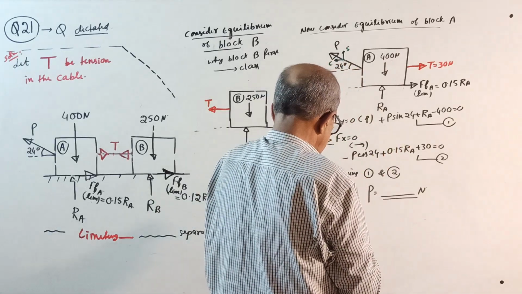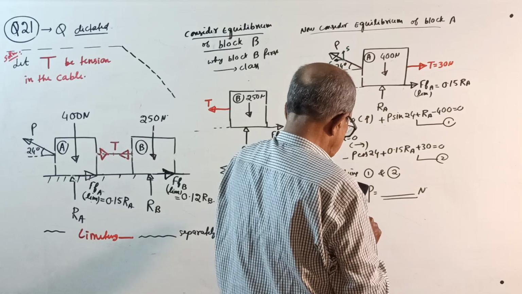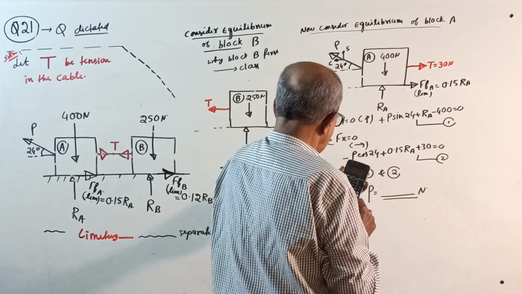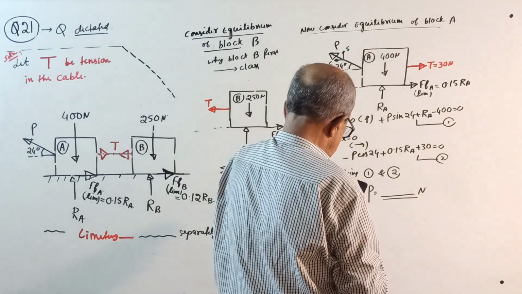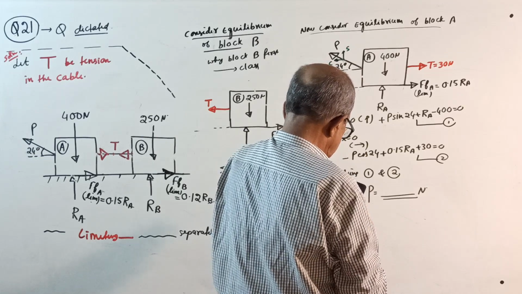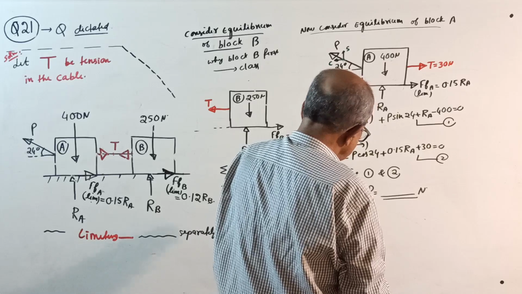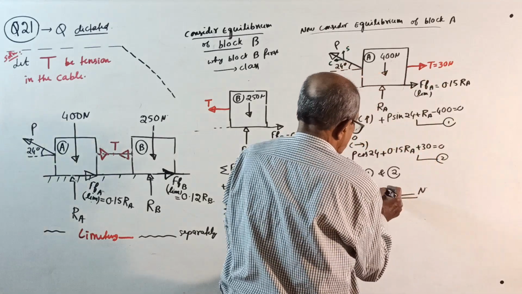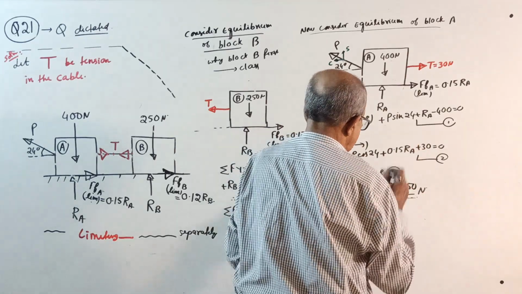Sin 24, equal to next, 1, equal to minus 400 becomes plus 400 that side, equal to here minus cos 24, 0.15, lastly minus 30. P is 92.350 Newton. This is the answer.